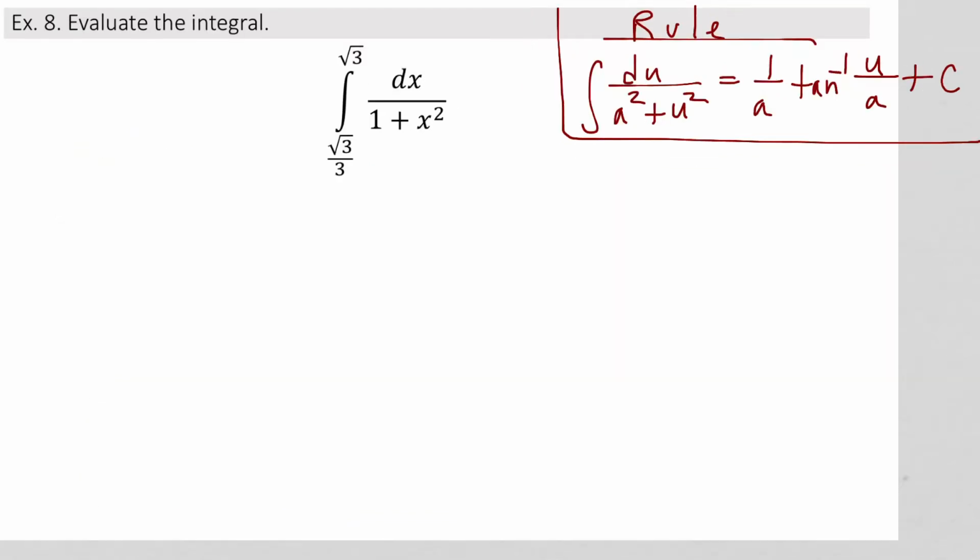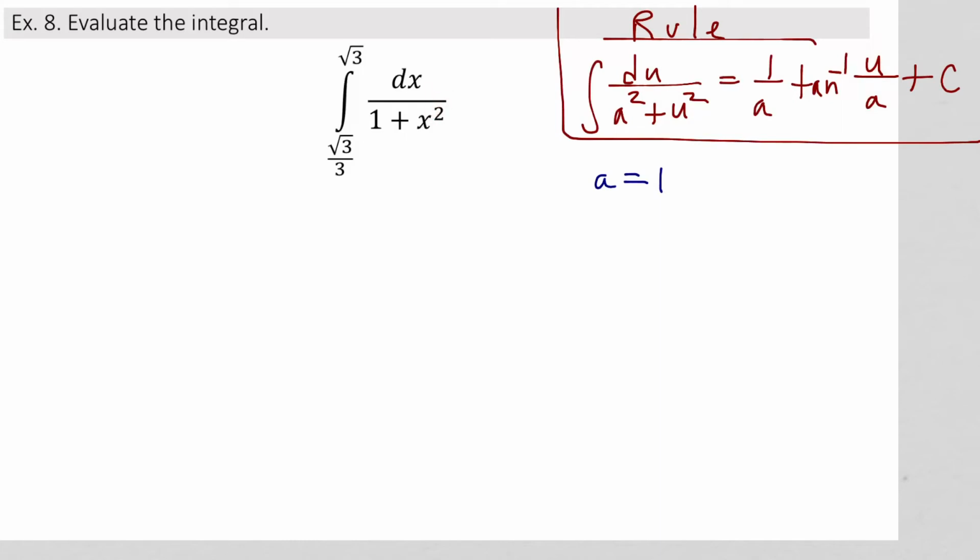Okay, so here's a definite integral. So notice the form of this is very similar to this. So a is 1. And then let's try doing this without changing the variable, since x and u we can treat the same way. So everywhere I have a u here is going to be an x.